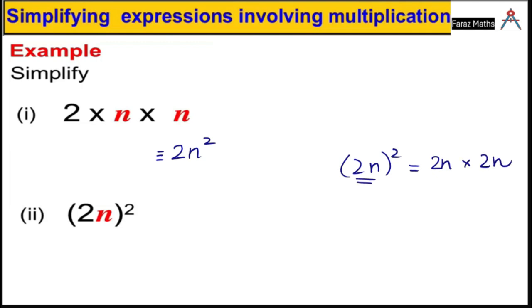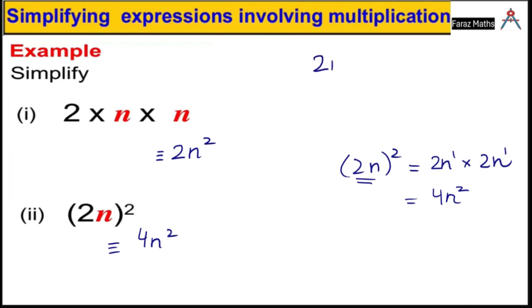So 2 times 2 is 4, and n times n, because these are the same variables, we add their powers. This n has power 1, this n has power 1, so they add up to n squared, or n power 2. So our answer is 4n squared.